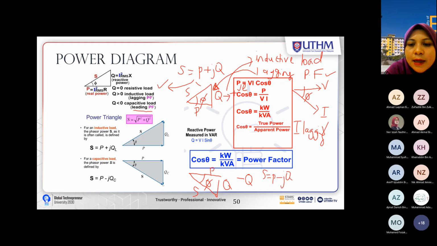Ini merujuk kepada capacitive load. Power triangle dia akan lain, dan I akan lead V. Jadi S akan lag P, I akan lead V. So dia punya case tu adalah untuk capacitive load.